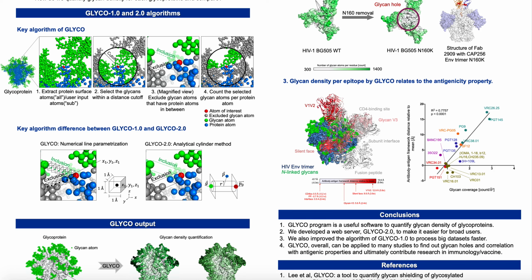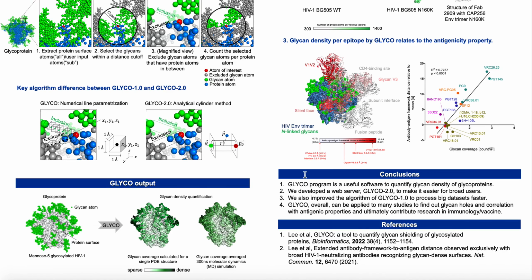That means when an antibody tries to bind to the antigen, it has some distance between the main structure and the antibody itself. Each antibody has a different distance, and we found that there's a high correlation between the distance and glycan density. So there are many utilizations and applications of GLYCO. We found that it has a huge contribution to vaccine design and immunology research. Thank you very much.